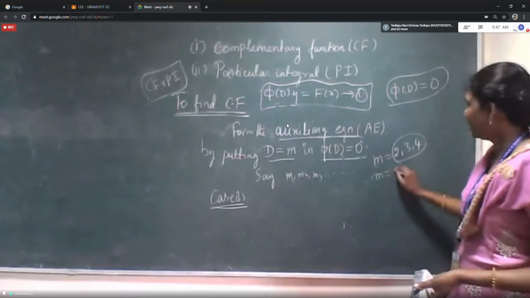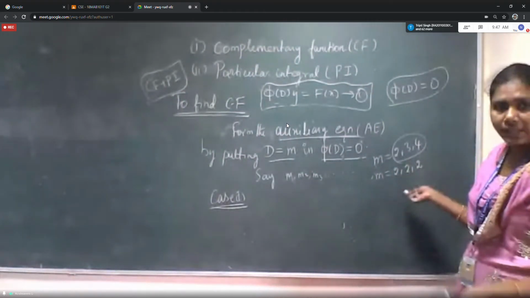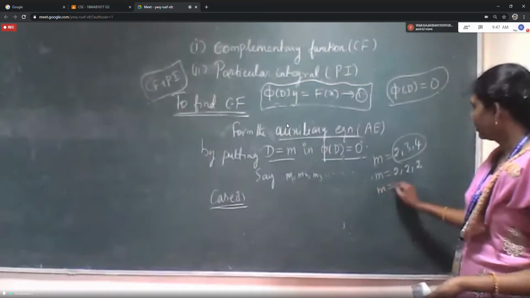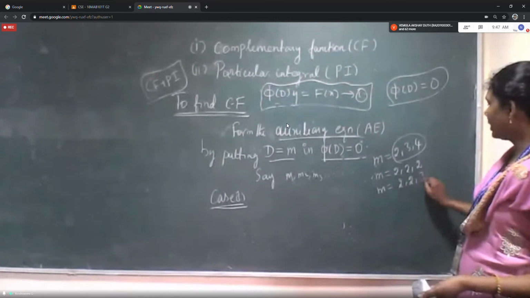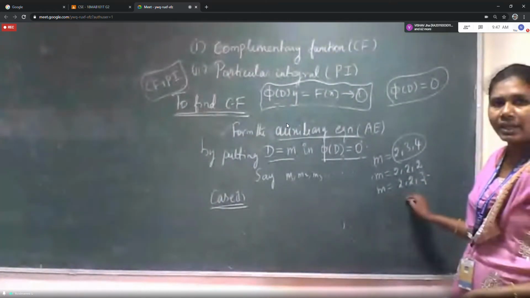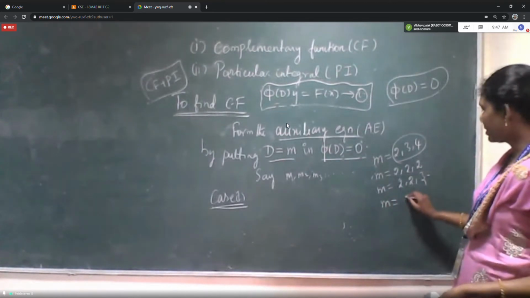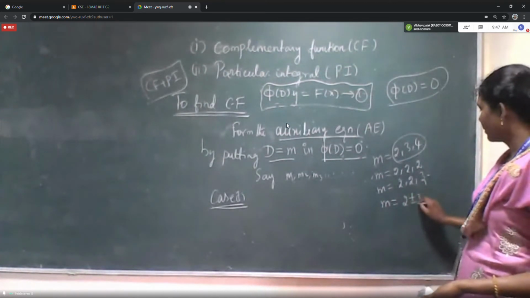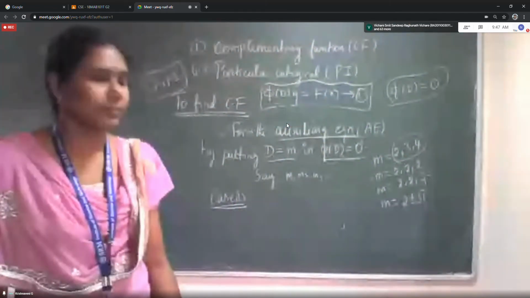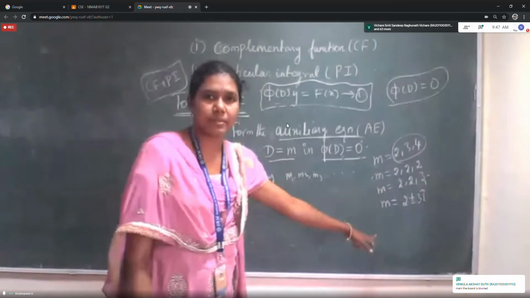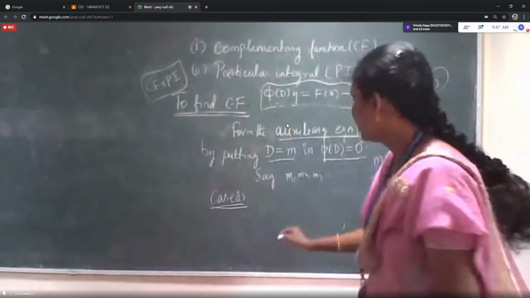If I get 2, 2, 2, all three roots are equal. If 2, 2, 3, two roots are equal and one root is different. Next one is imaginary roots. There are 4 possibilities. One by one I will explain. First, case 1.